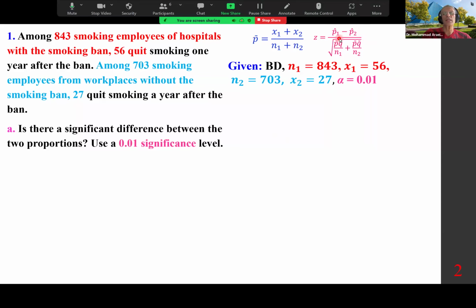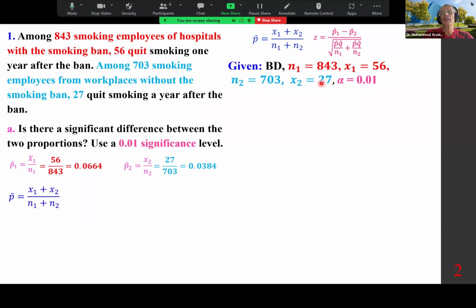So P1 hat is X sub 1 over N sub 1, 56 over 843. P2 hat is X sub 2 over N sub 2, 27 over 703. P bar is the sum of these two numbers, X sub 1 and X sub 2, divided by N sub 1 plus N sub 2.